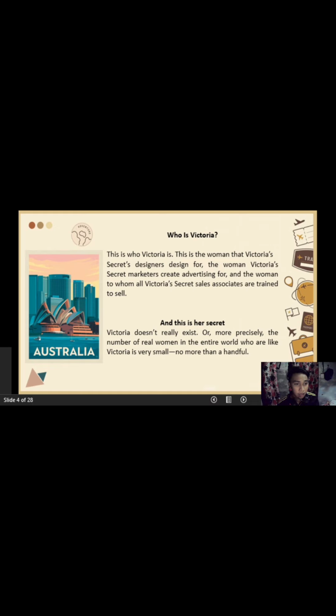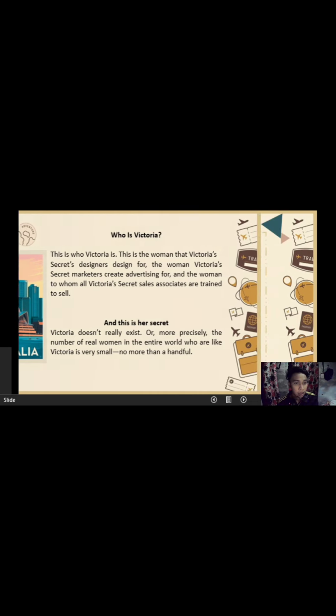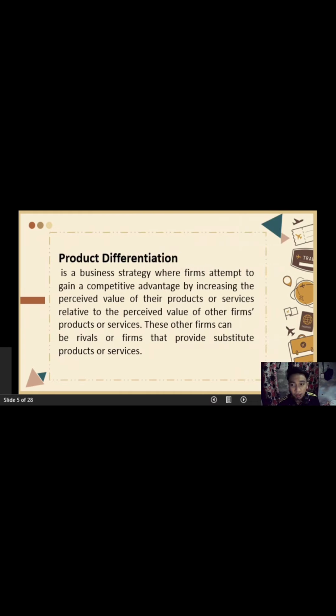So let's talk about product differentiation. Product differentiation is a business strategy where firms attempt to gain a competitive advantage by increasing the perceived value of their products or services relative to the perceived value of other firms' products or services.